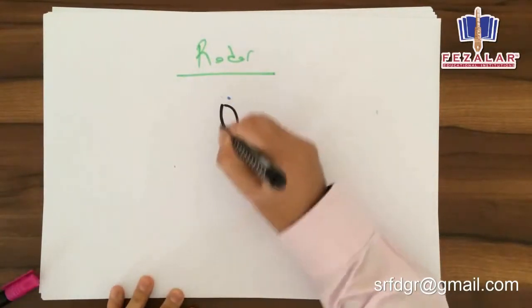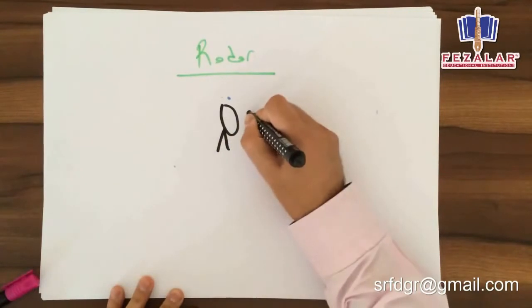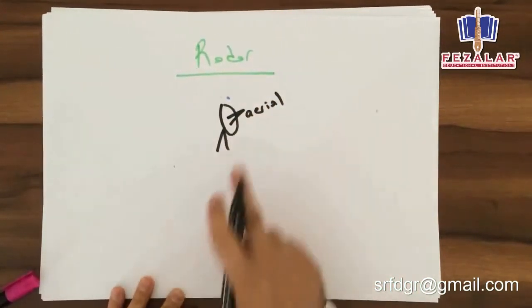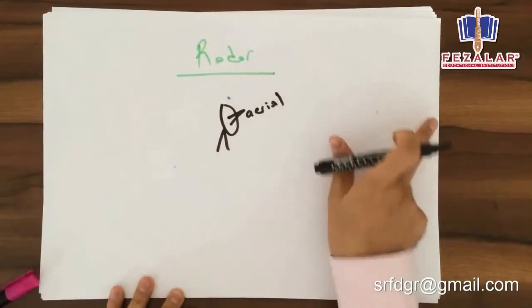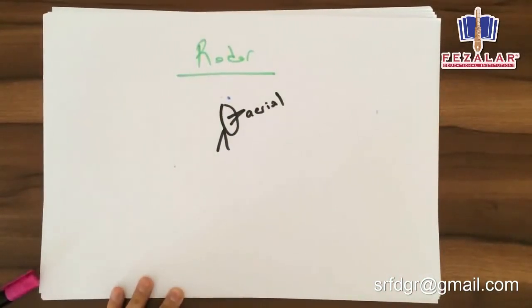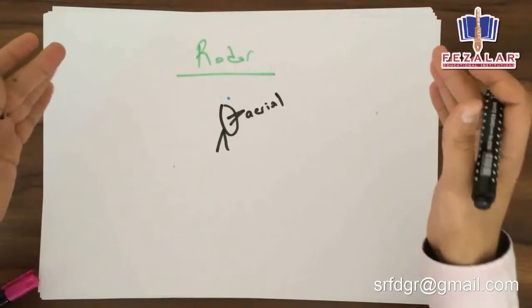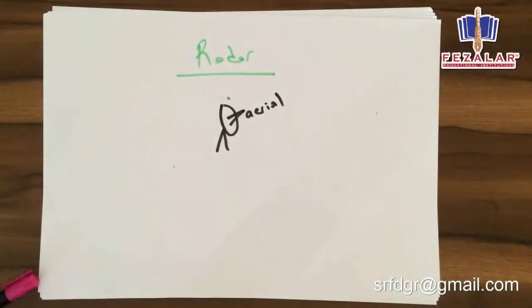Firstly, we need an aerial, because it will transmit and receive the waves. As we said, radar transmits a wave and receives the reflected wave.